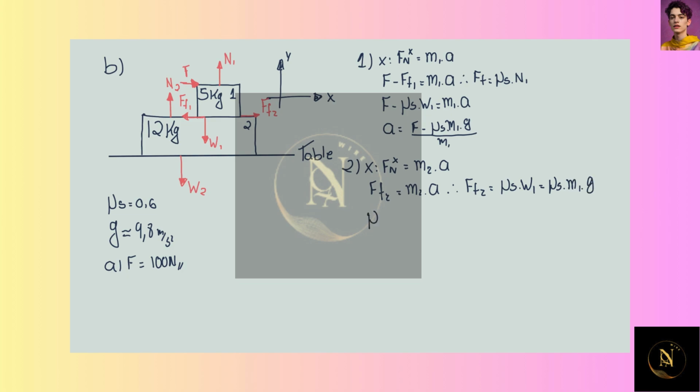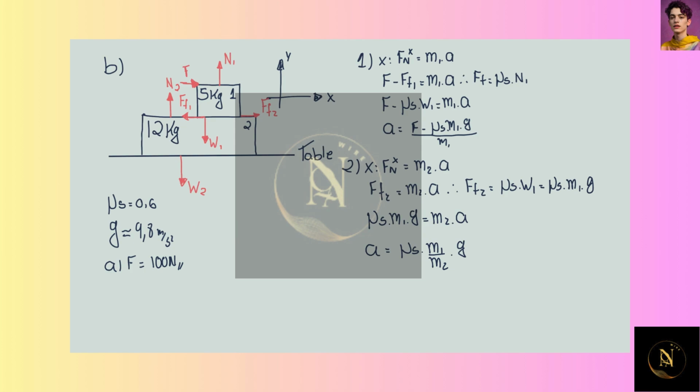So, mu static times the mass number 1 times g is equal to the mass number 2 times the acceleration. Therefore, we have the acceleration being given by mu static times the mass number 1 divided by the mass number 2 times the acceleration of gravity.